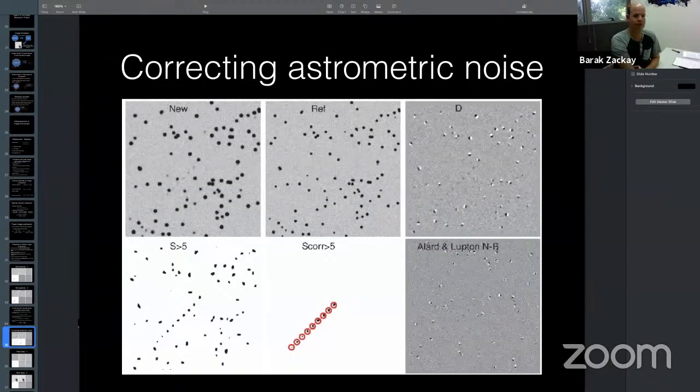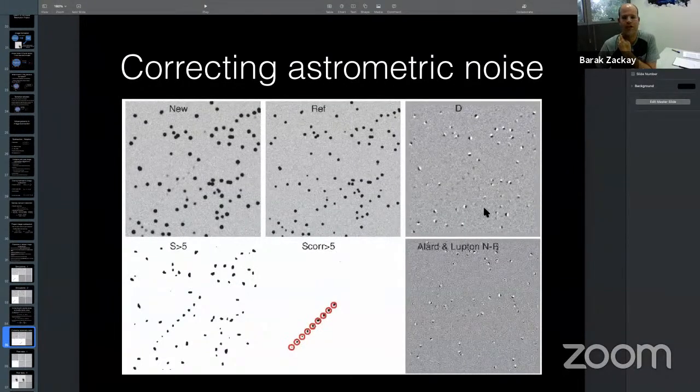So for example, if you have some astrometric noise, here I put astrometric noise in the new image, then in the subtraction you'll get this. Alard-Lupton would have the same problem. And if you just try to do some point source detection, you'll have very bad performance. And then you apply the correction to the astrometric noise.